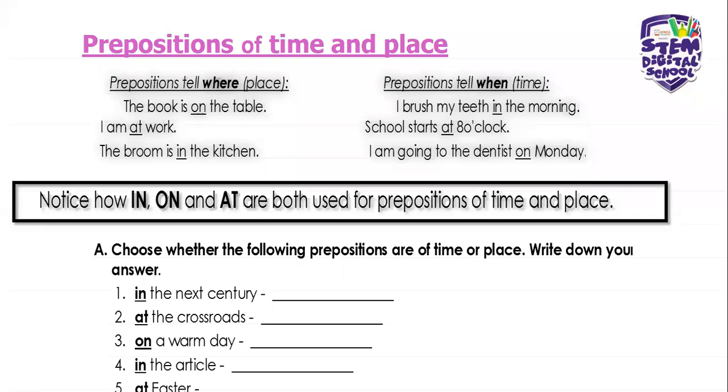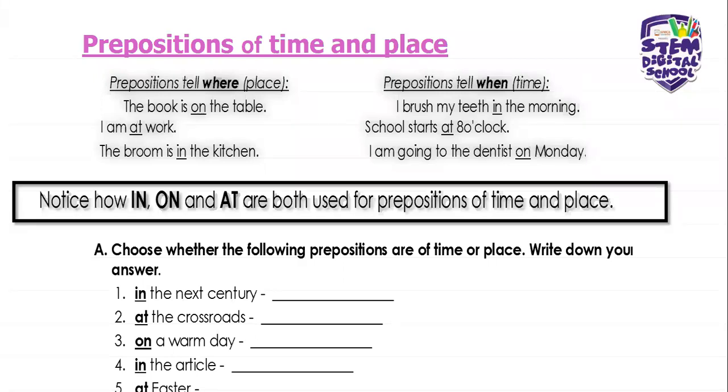Now, we will choose whether the following prepositions are of time or place. The following questions, you will need to write down for your homework activity. Okay, number 1, it says, in the next century.